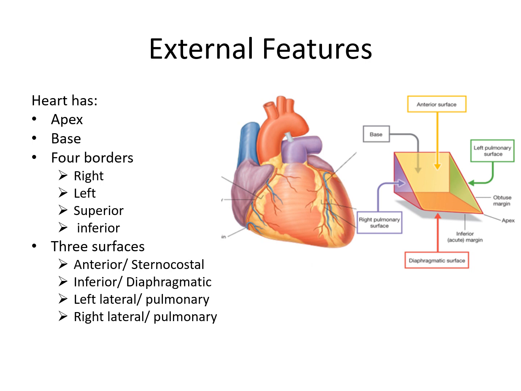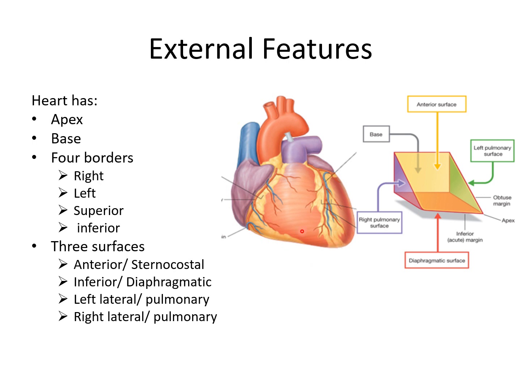Since it is pyramidal in shape, it has an apex and a base which is directed posteriorly. It has 4 borders: right border, left border, superior border which lies hidden under the great vessels like aorta and pulmonary trunk, and an inferior border.